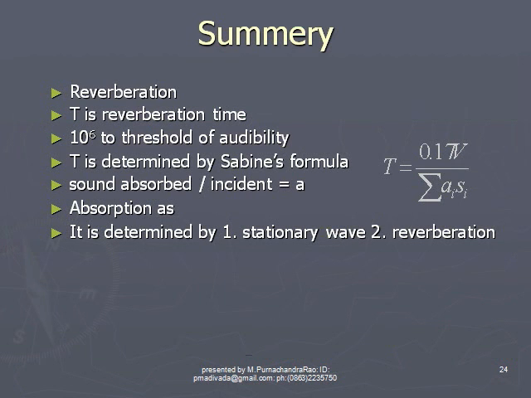The sum of the absorptions of all the surfaces is sigma AS. This is total absorption. Then if V is the volume of the room, the reverberation time is given by Sabine's formula, T is equal to 0.17 V divided by sigma AISI. This is the formula given by Sabine. Then we will pass on to building acoustics, in which we study certain conditions required for a good auditorium.